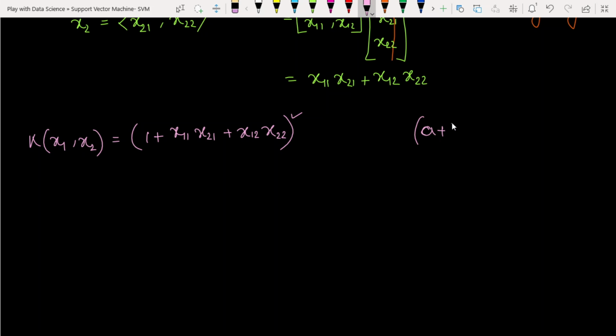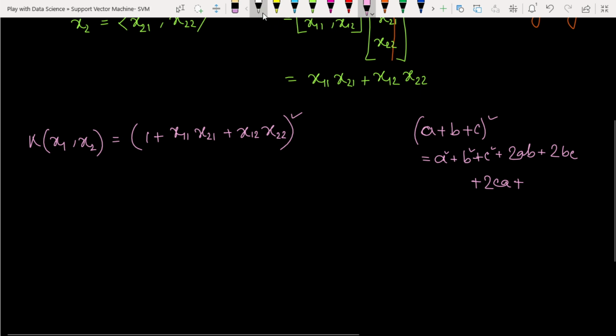If you forget, I am writing here: (a + b + c) whole square is equal to a square plus b square plus c square, plus 2ab, plus 2bc, plus 2ca. I am inputting this formula here.